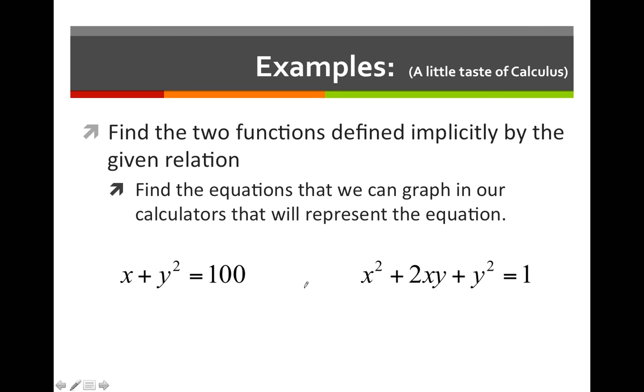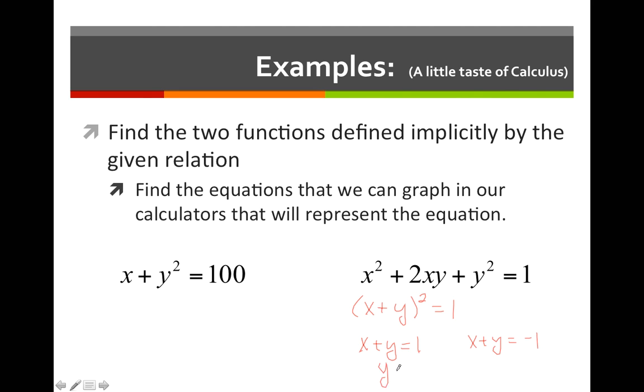Likewise, we can do the same thing on the other one. This one's a little bit harder. However, it is just a factored quadratic, (x plus y) times (x plus y). I can square root both sides. So I get x plus y equals 1 and x plus y equals negative 1.